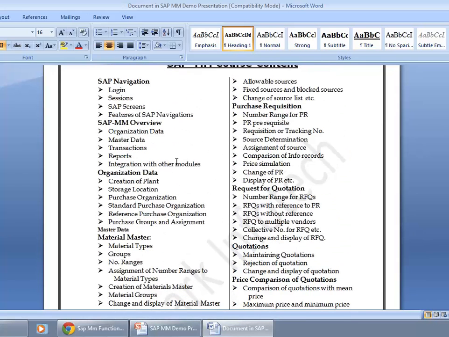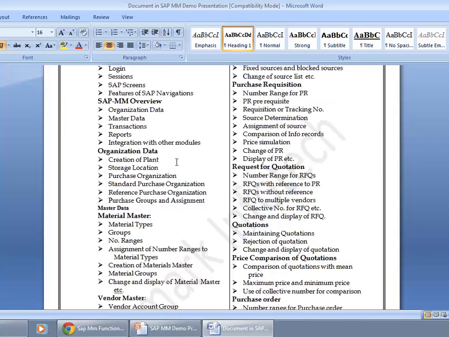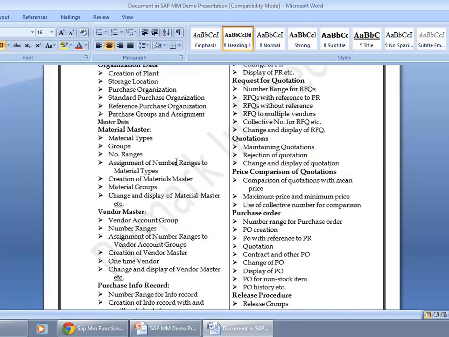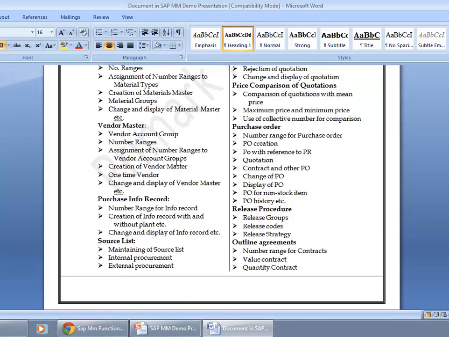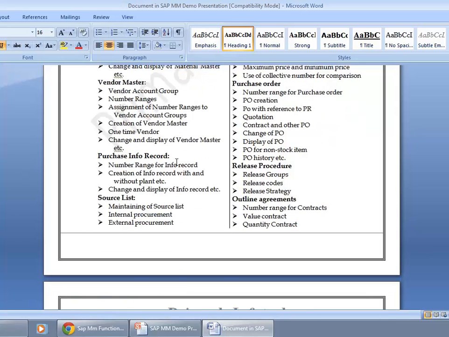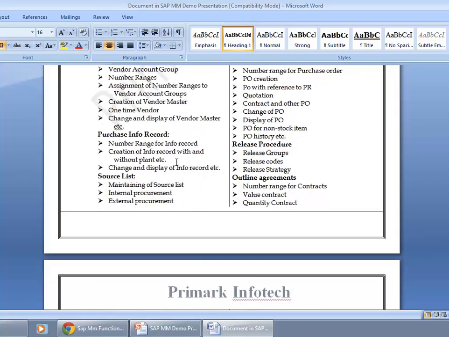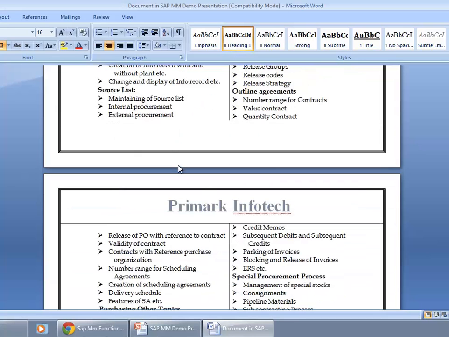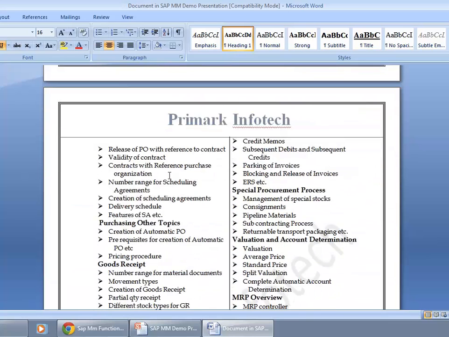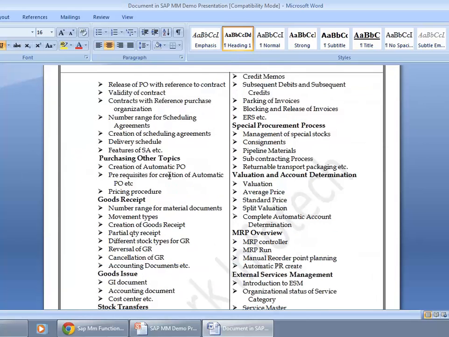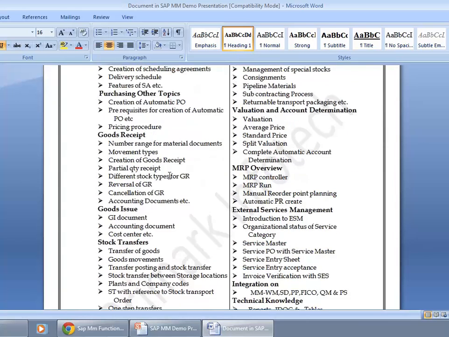Then tendering, that is the transaction data like purchase requisition, request for quotation, quotations, price comparison, purchase orders, release procedure, which is very important again, and the outline agreement, which is like contracts and scheduling agreements. We'll talk about them in detail when we go through the course. And the goods receipt, the inventory management part of the topics.